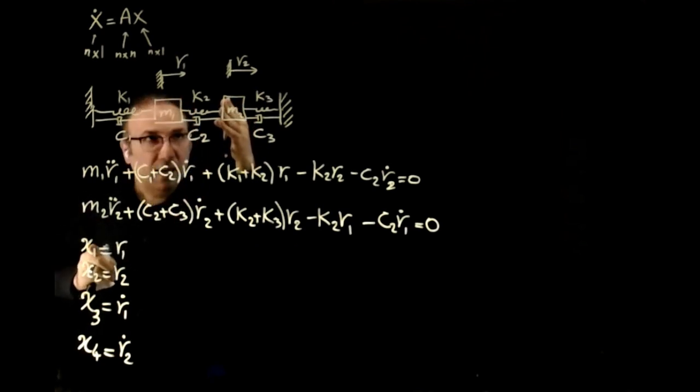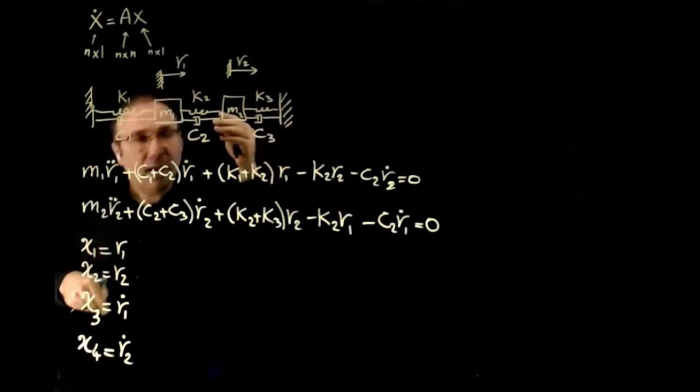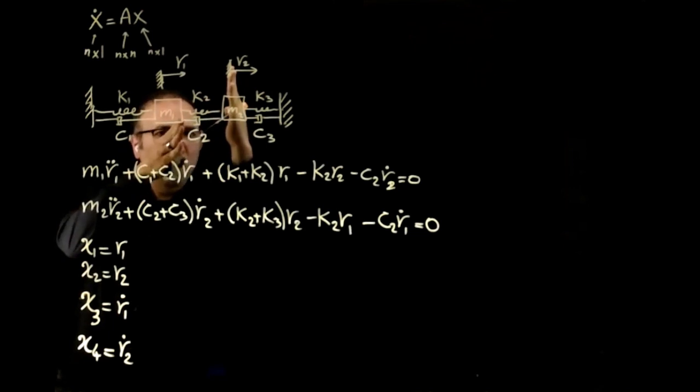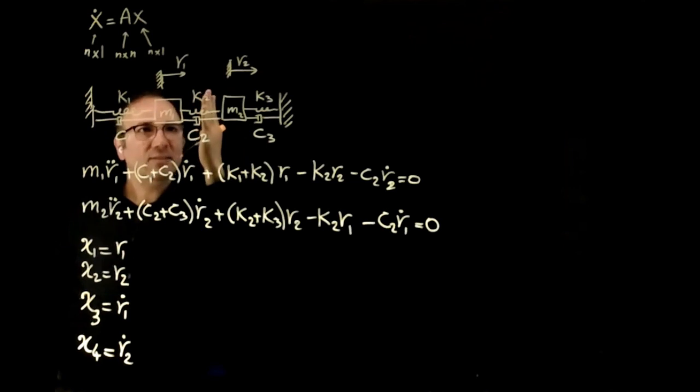So I call that x1. Then the next degree of freedom, R2. Then if I think about it, let's say I fix R2 in place, at this position it might have different velocities. So if I take a snapshot, I can't assess the status of the system because with the same displacement, it could have different velocities.